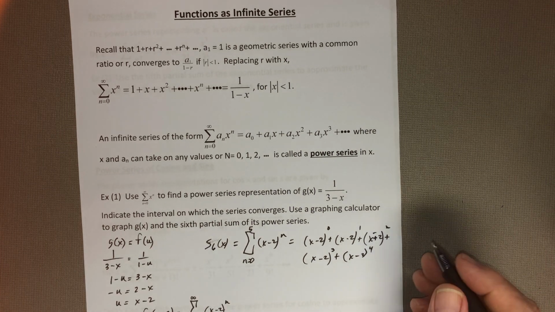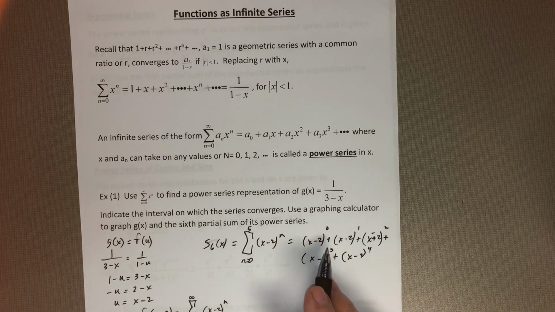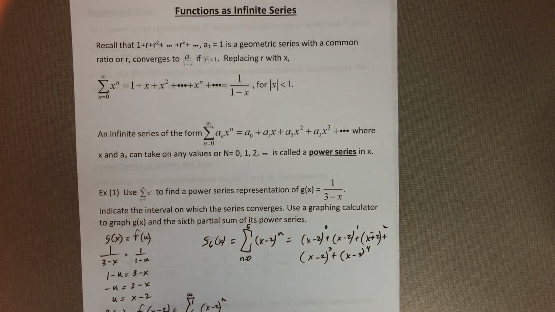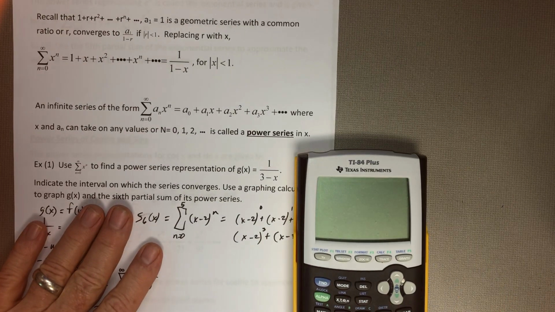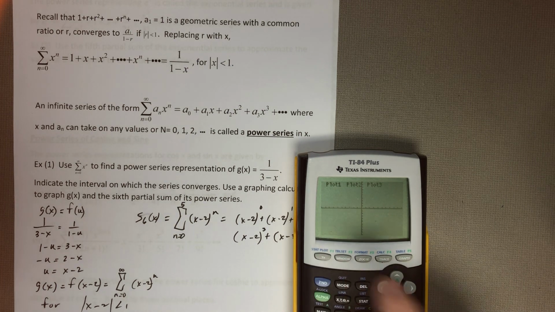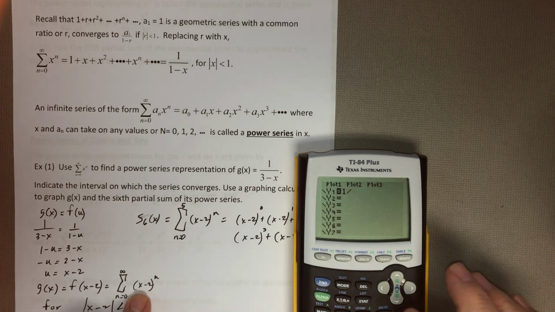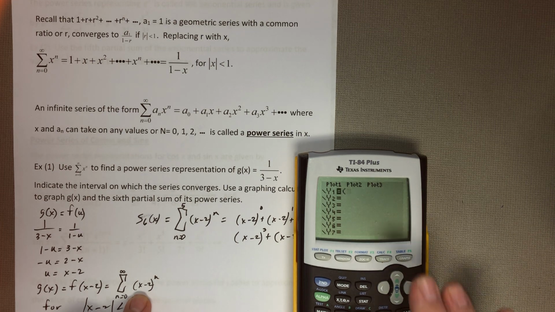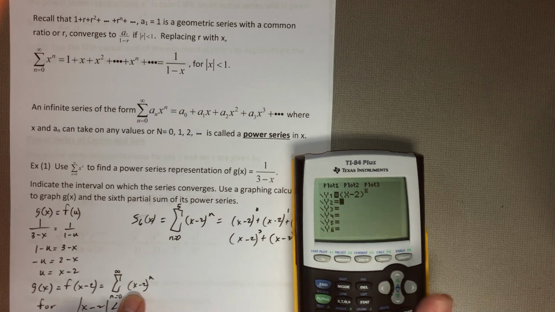And now, what we'll do is find the series. Actually, it wants us to graph it, so let's graph it. We're going to graph y equals x minus 2 to the nth power, and then we'll come over here.